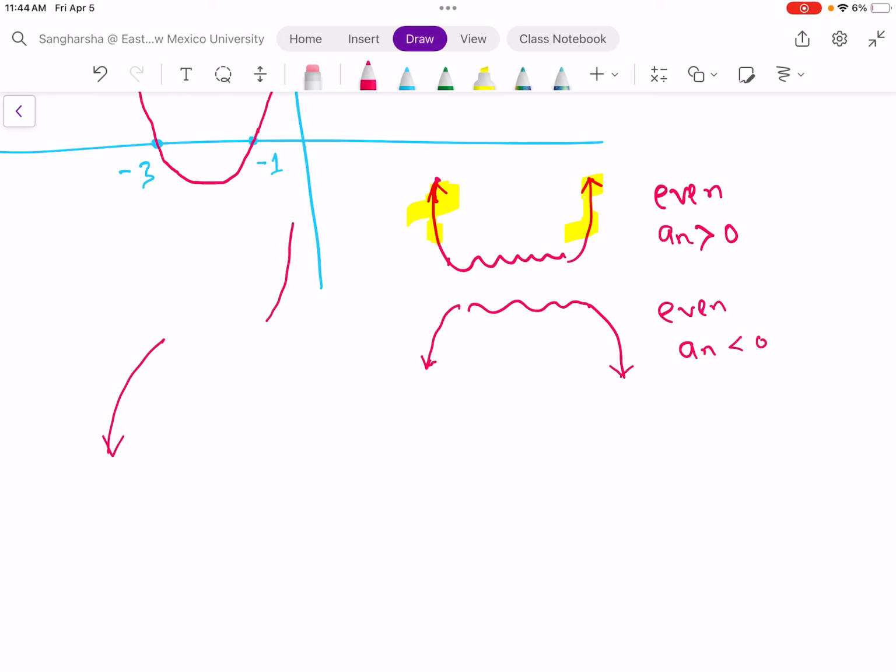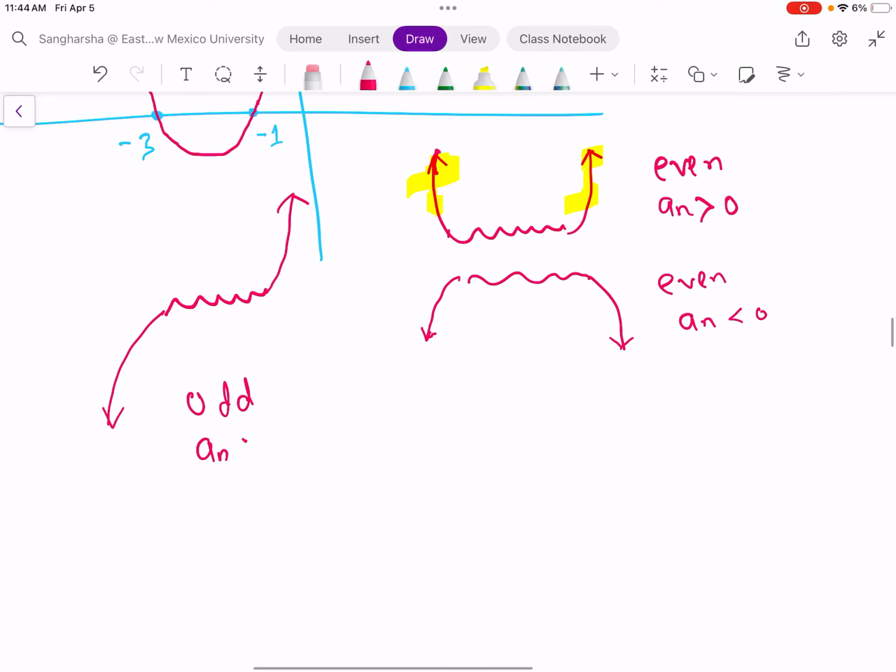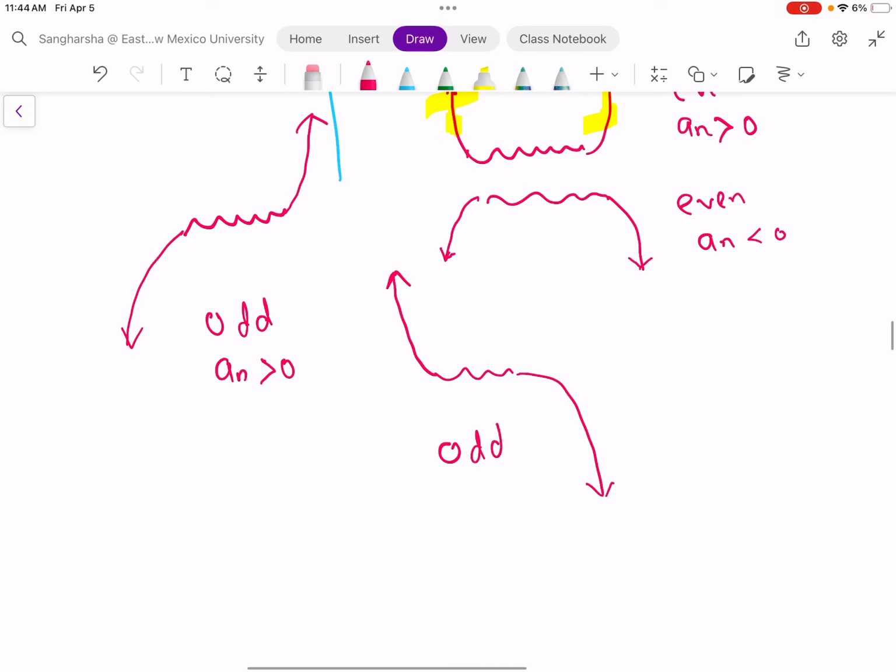Is it odd or even? Odd degree. And is the coefficient of the leading term greater than 0 or less than 0? Greater than 0. And if you have a graph like this on the left end and this on the right end, the degree is odd and the coefficient of the leading term is less than 0.